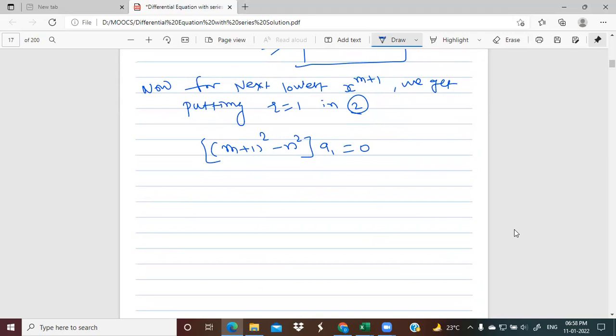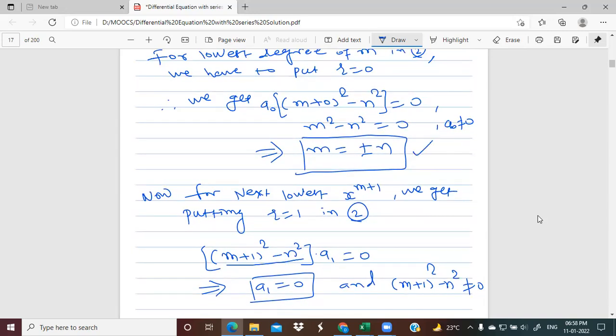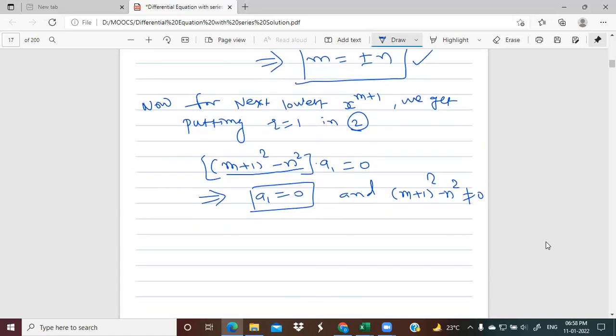From this term, we will conclude that M plus 1 whole square minus N square into A1 is equal to 0. From this statement, we'll say that A1 equals 0, and M plus 1 whole square minus N square is not 0. If it were equal to 0, then M plus 1 square would equal N square, and M plus 1 would be plus or minus N, giving a different value.